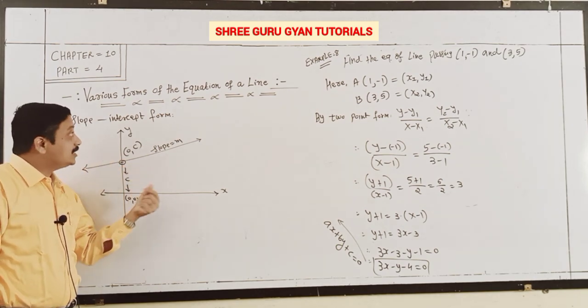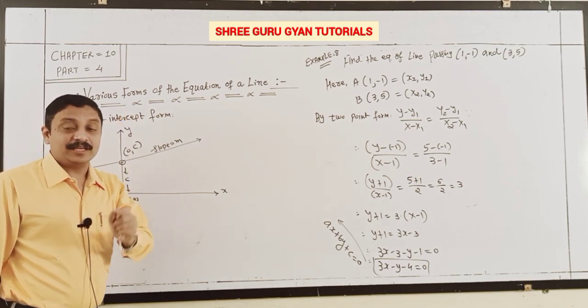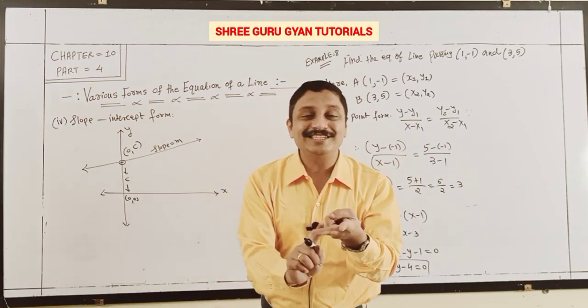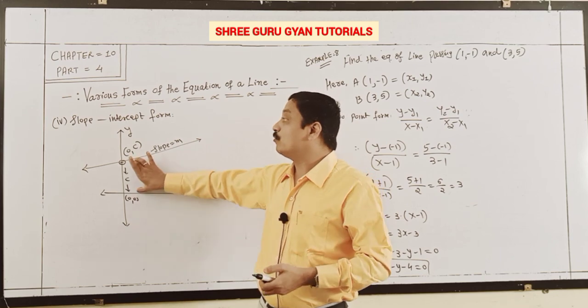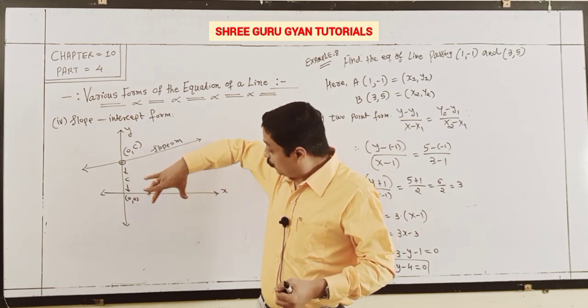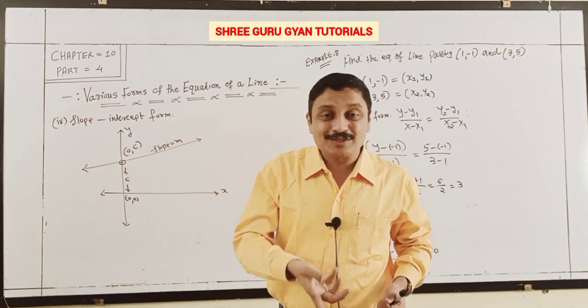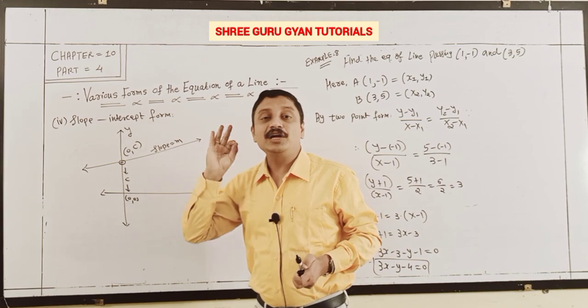That's why this c is called the intercept. Again I repeat, intercept means a distance traveled from the origin along the y-axis, then it is called y-intercept. If you measure on the x-axis, then it is x-intercept. So x-intercept and y-intercept, I have explained here for the slope intercept form.